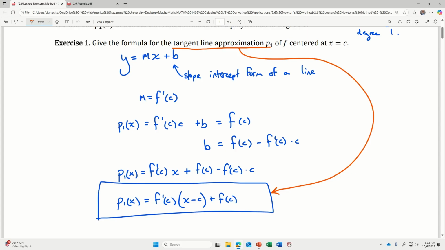X only appears once here because it's a line. But it depends on the value of the function, because I want it to have the same value of the function when x is equal to c. When x is equal to c, then I get c minus c, and that's 0. So the first term is 0, and I only get f of c. And it also has the same slope, because the derivative of f is the slope of f, and I'm evaluating that at c.